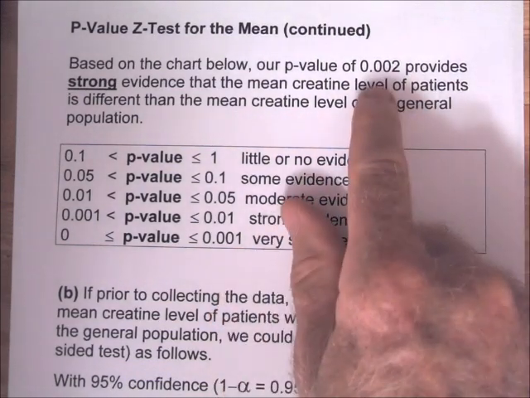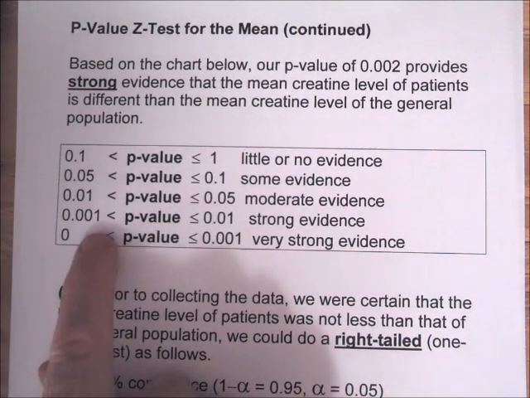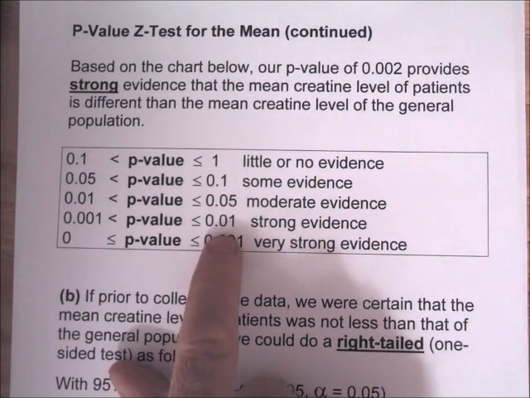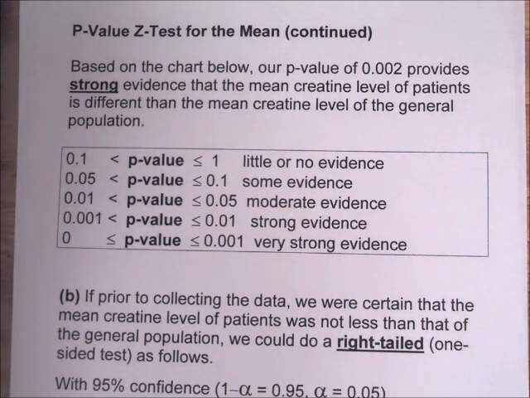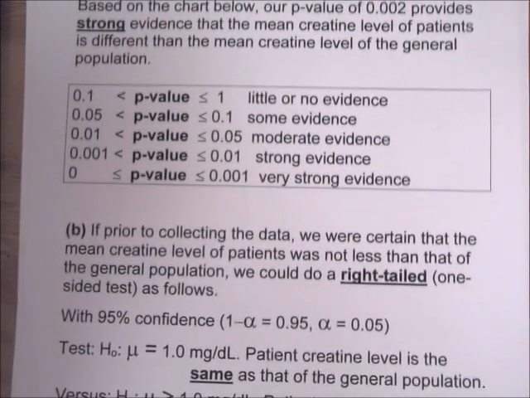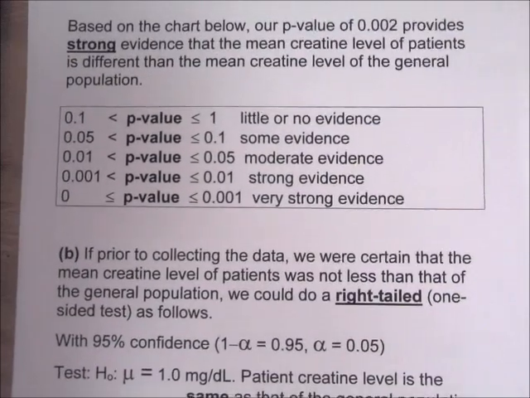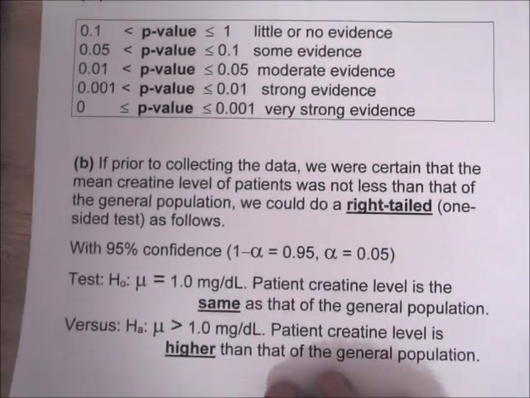Our p-value of 0.002 is between 0.001 and 0.01, and that indicates strong evidence that the mean creatine level of patients is different than that of the general population. Modern researchers tend to rely on p-values. In the past, not so much, because they were sometimes hard to compute without computers. But these days, researchers often report p-values.